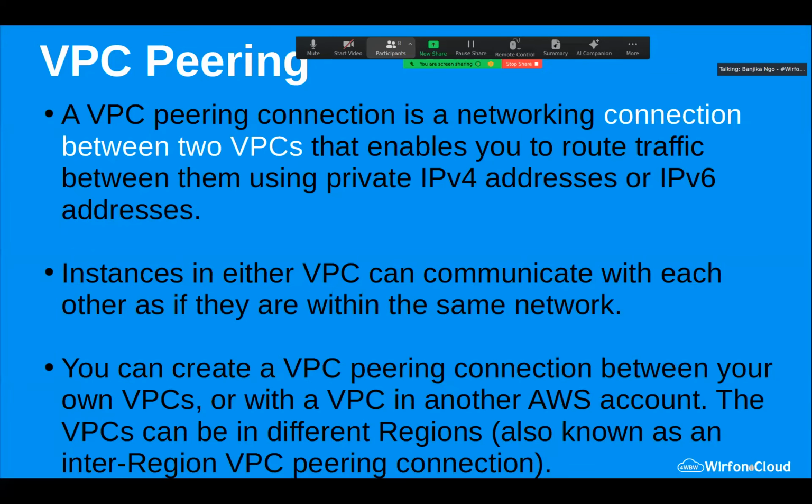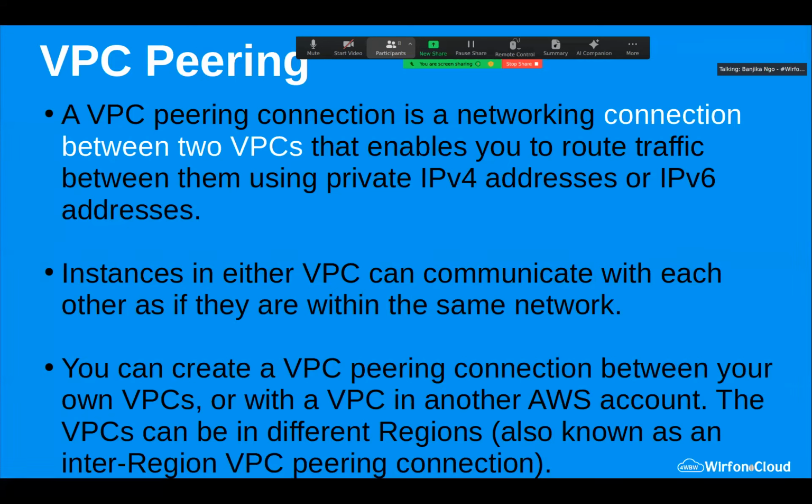A VPC peering connection is a network connection between two VPCs that enables you to route traffic between them using their private IP addresses or the IPv6 addresses that you have. Think of it this way. Imagine customer A has resources, an AWS account with a VPC, and you have customer B with resources also online.